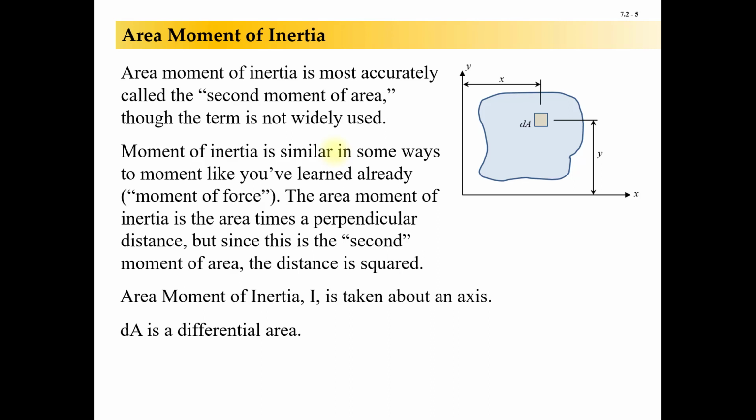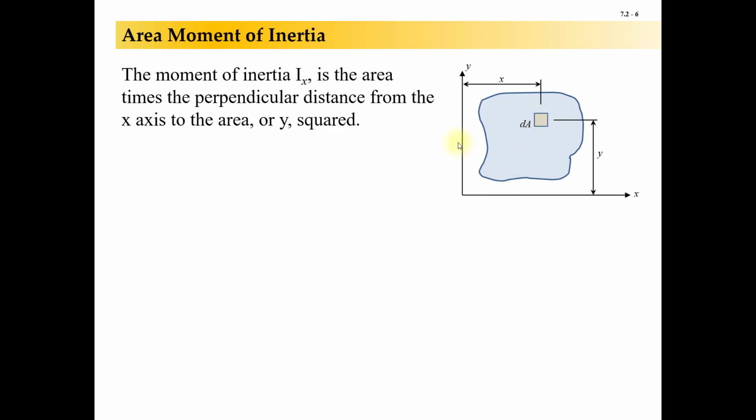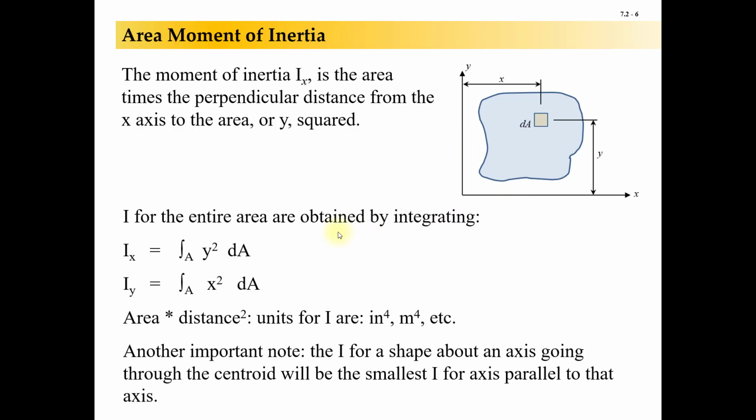So here, if I was calculating the moment of inertia about the x-axis, it would be y times y dA, or y squared dA, where dA is that differential area. If I'm finding the moment of inertia about the y-axis, it would be x squared dA. There's also the polar moment of inertia, which I'm not showing in here, but it would be like a radius out to this point, r squared dA. The moment of inertia Ix, like I just said, is going to be y squared dA.